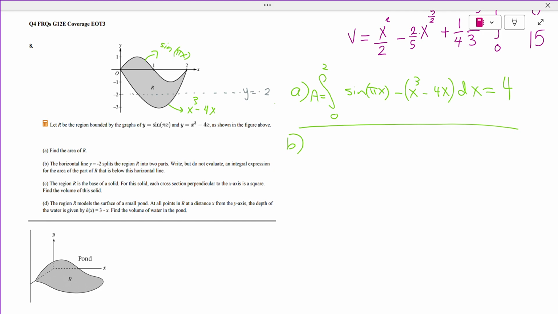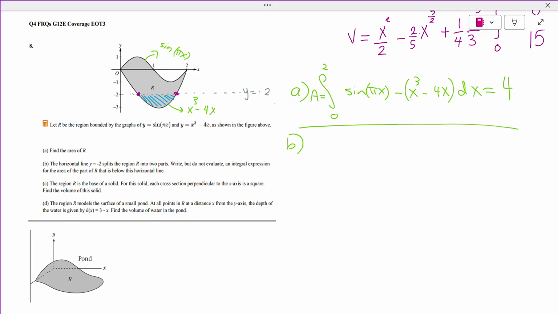So we are interested now in this area below the horizontal line. Well, we must find the intersection points between this horizontal line and the bottom function to find which point we should start with and which point we should end at.